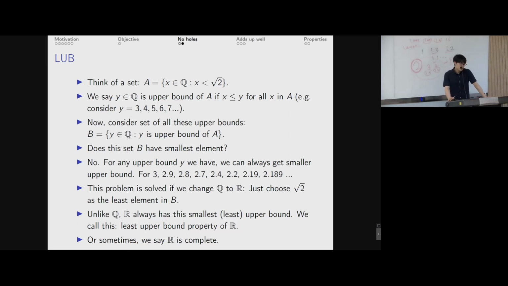But the problem is, in the case of rational numbers, we can always find a smaller upper bound. So as I wrote on the slide, 3 is an upper bound, 2.9, 2.8, 2.7, 2.4, 2.2, 2.19, 2.189. They are all upper bounds. And you can get smaller and smaller for every upper bound.